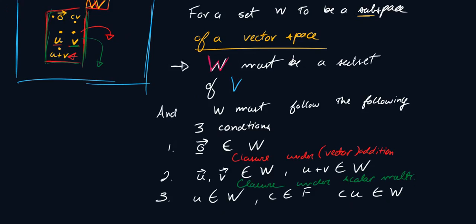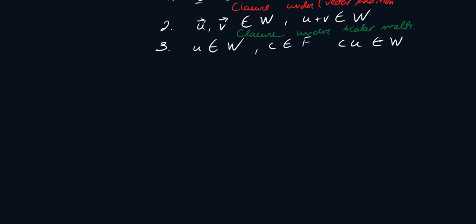Let me give you a quick example. We won't prove that this is a vector subspace yet. I'll just tell you that it's a vector subspace, and we're going to look at some of its properties. Suppose W is a subspace of R3, and I define W as the set of 3-tuples such that the first component is equal to the second component plus the third component.